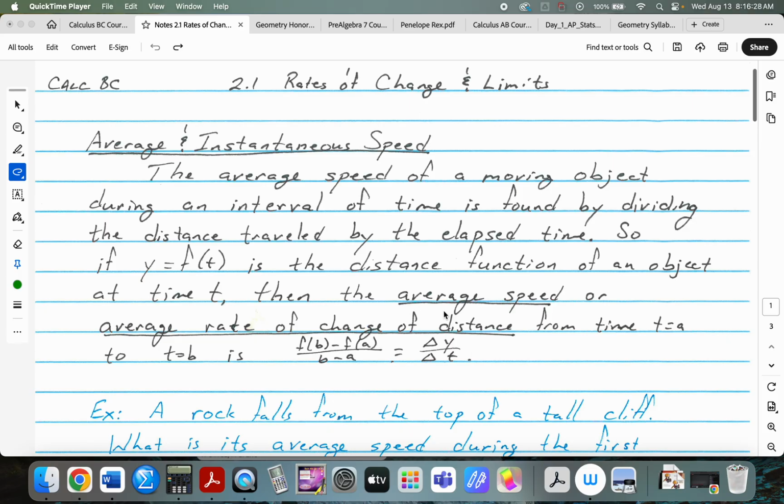So the average speed, or the average rate of change in the distance the object has covered from time t equals a to t equals b, is going to be f of b minus f of a over b minus a. You guys have seen something like that, right? What is it that you've seen that's like that?